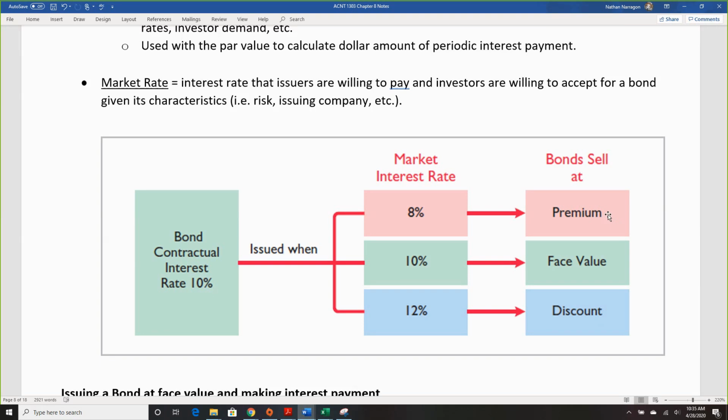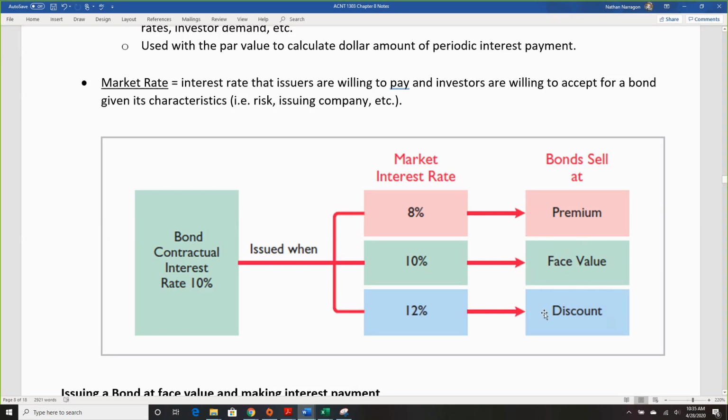We want to pay more to get it. Face value is just basically us going to the grocery store and just buying our milk or any food. We're okay with the price. We think it's fair. There's not really a demand for it. We just go and grab it.